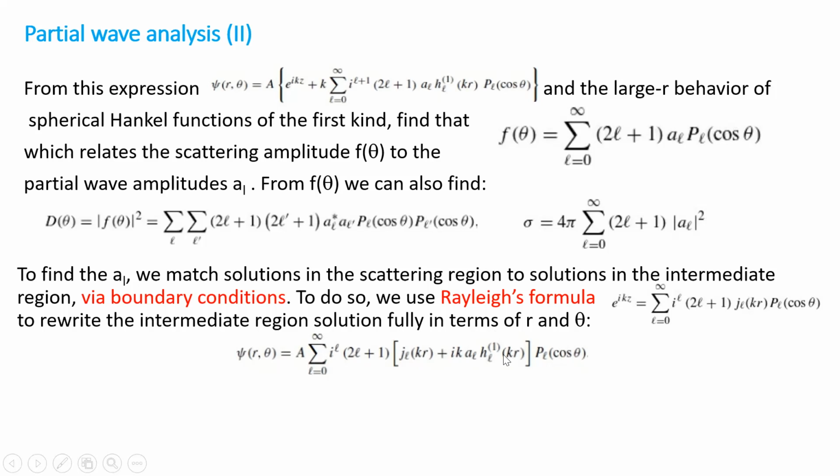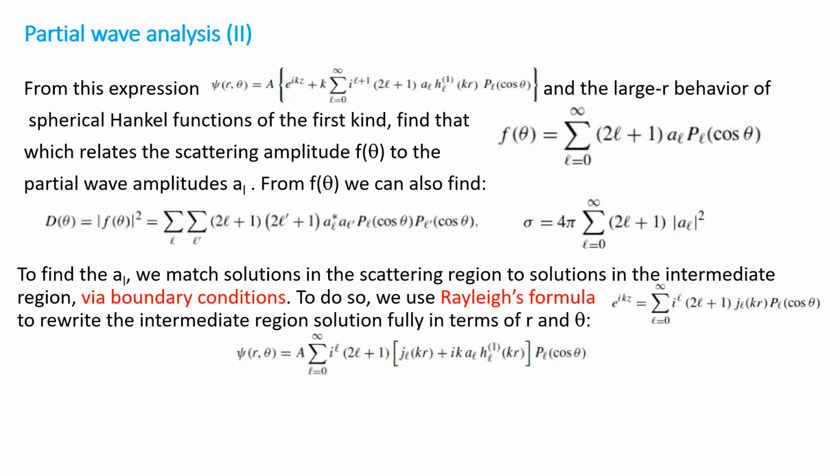The important part is that we now have the solution in the intermediate region fully in terms of r and theta. So we can match boundary conditions with what we get in the inner scattering region, and from that, with some work for more complicated potentials, we can determine what the A_L partial wave amplitudes are.